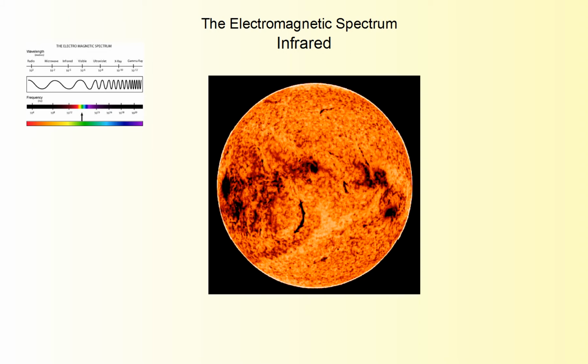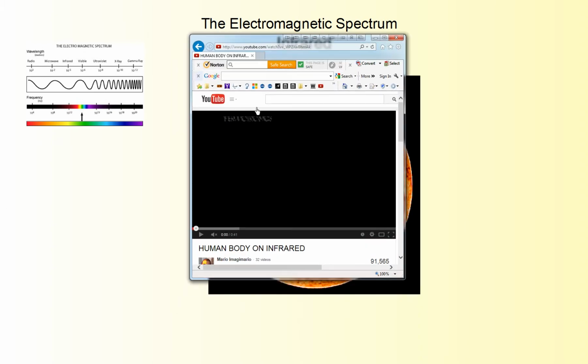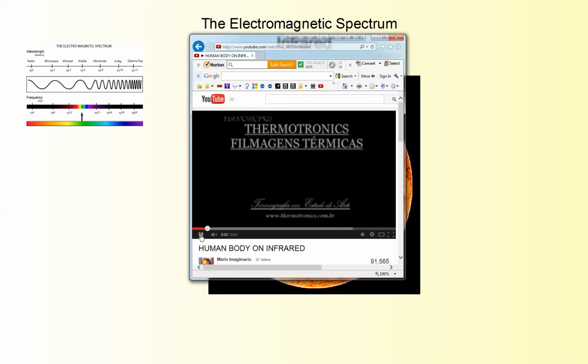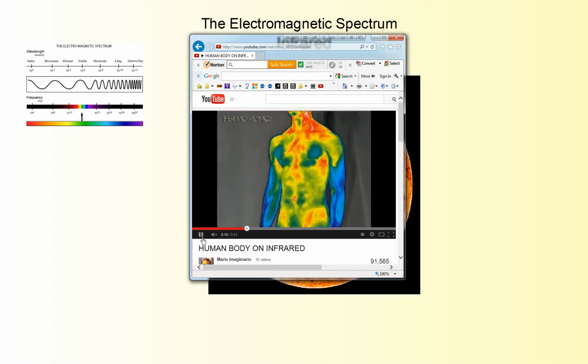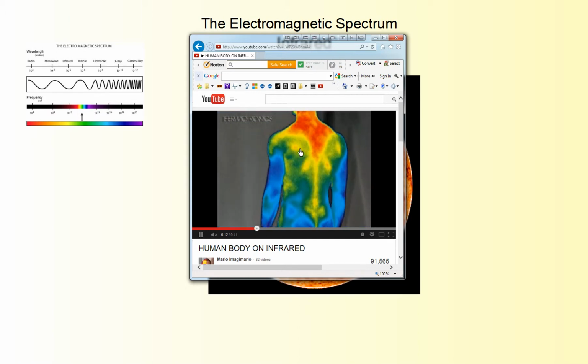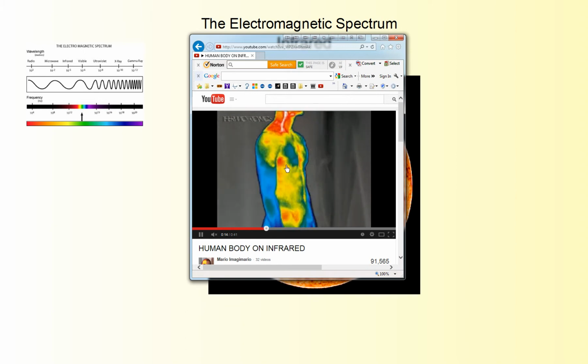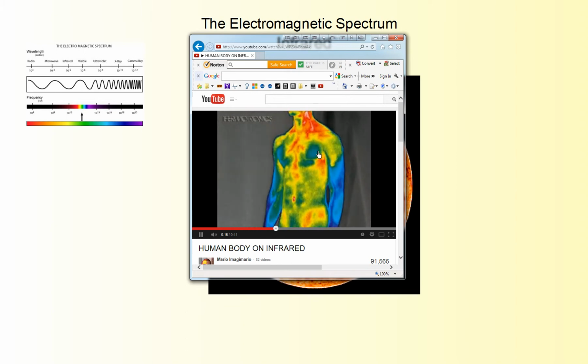This is a human. Kind of cool. You might be surprised at some of the cold spots, like the upper chest. Arms are cold. Chest's cold here.